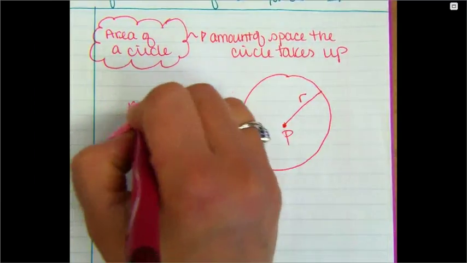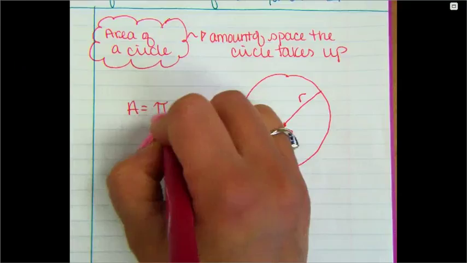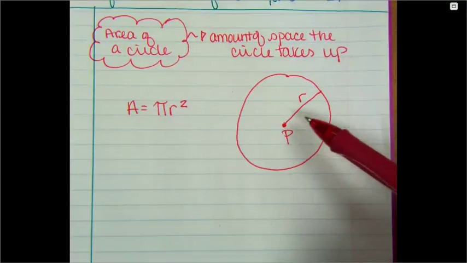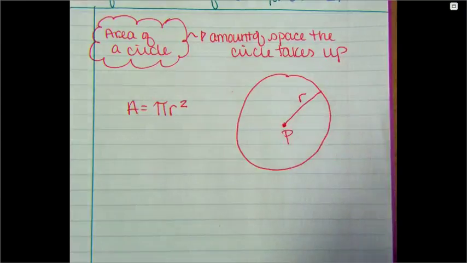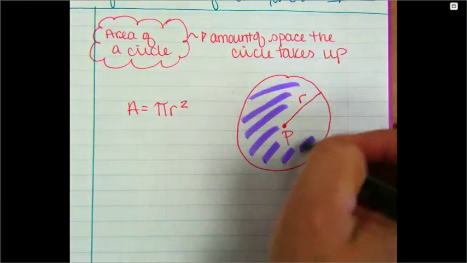What is the formula for area? There's no base. There's no length. Pi r squared. Pi because you have a circle. R stands for what? Radius. The area is located on the inside of the circle. So we're talking all of this space. Yes?